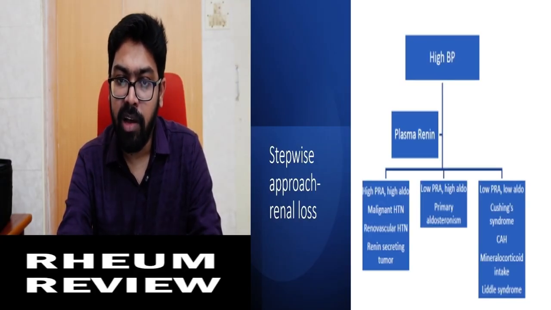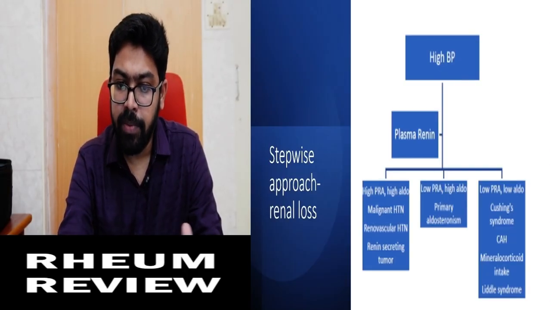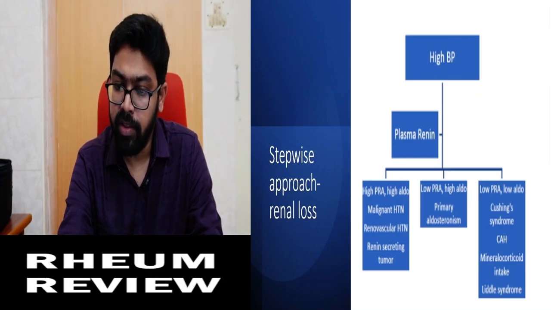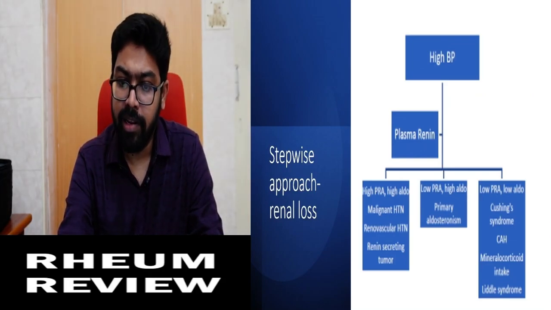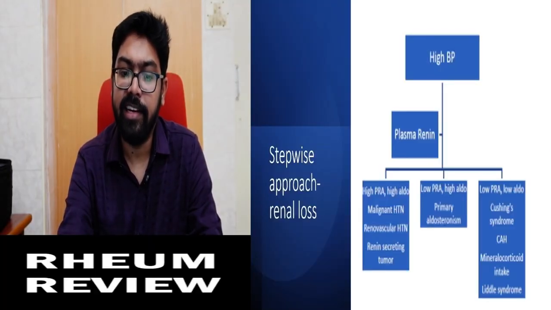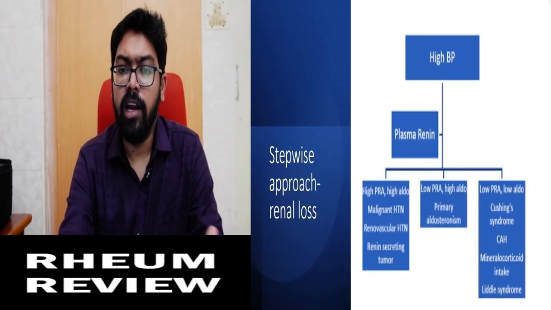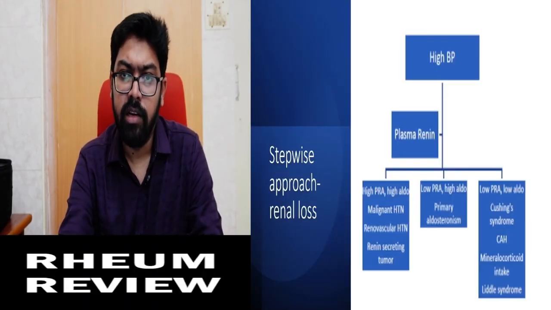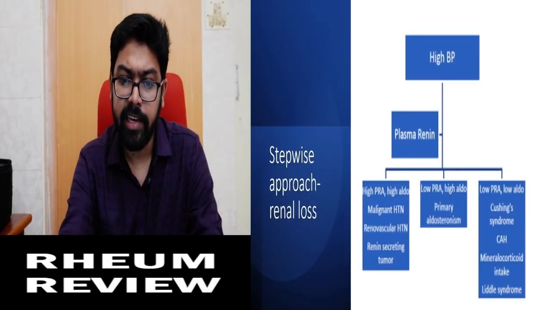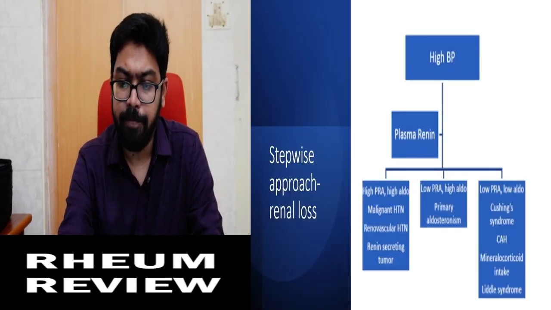In that case, check plasma renin activity as well as aldosterone levels. If the patient has high plasma renin activity with high aldosterone levels, the differentials are malignant hypertension, renovascular hypertension, and renin secreting tumor. If they have low plasma renin activity with high aldosterone level, the differential is primary aldosteronism, because here the high aldosterone level acts as a negative feedback for plasma renin, leading to low plasma renin.